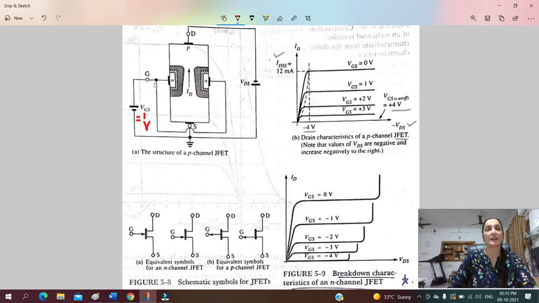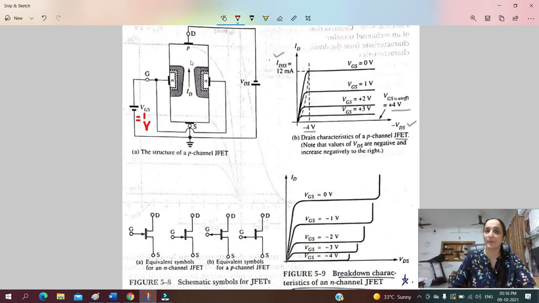So for VGS, the gate is N-type, so it should be connected to the positive terminal of the battery and the source is connected to the negative terminal so that it can reverse bias the gate junction. Now the reverse bias voltage will be equal to VGS plus VDS.